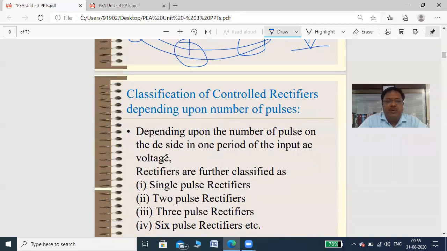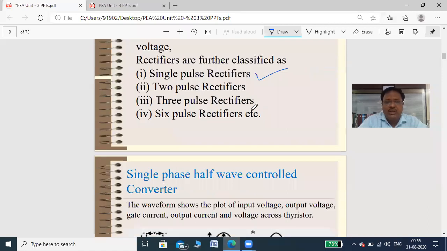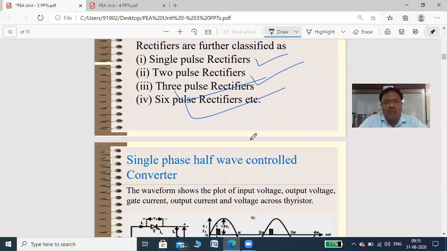Then depending upon single pulse, two pulse, three pulse, and six pulse: single pulse is a single phase half controlled converter. Two pulse may be a full wave converter. Three pulse is a midpoint converter, and six pulse is a three phase fully controlled converter.